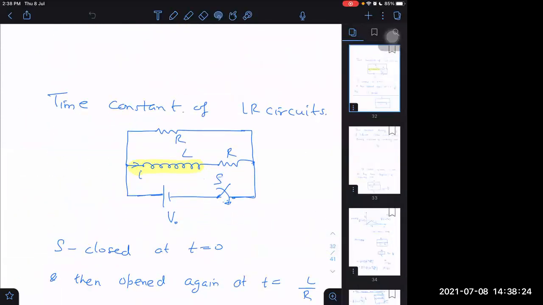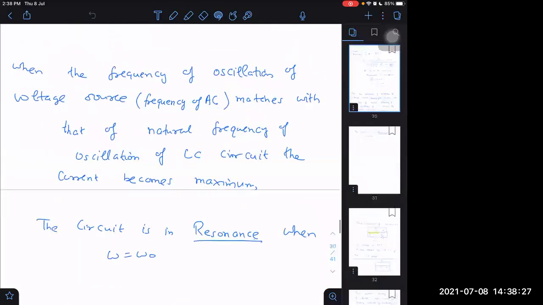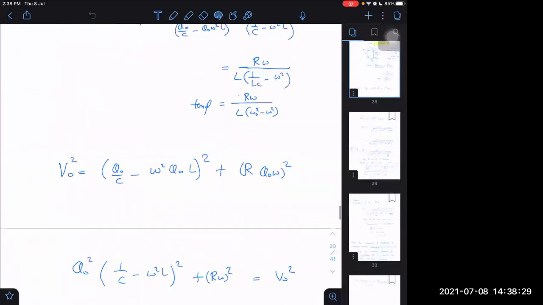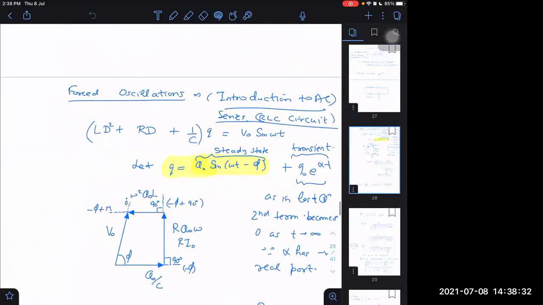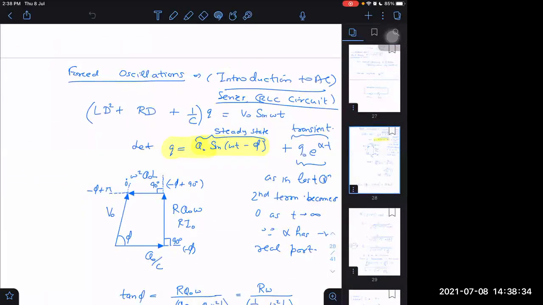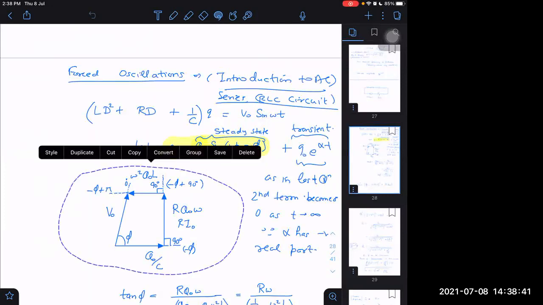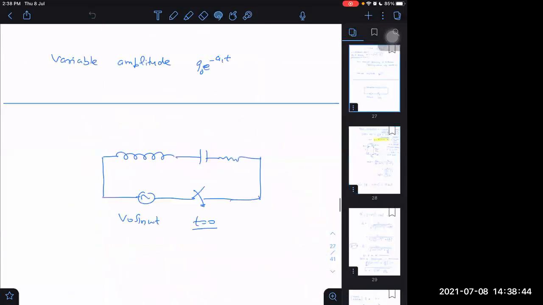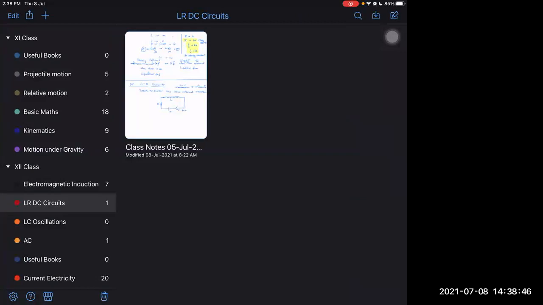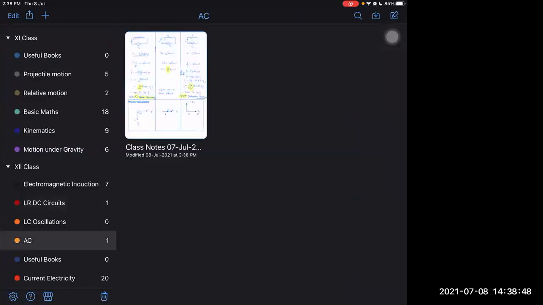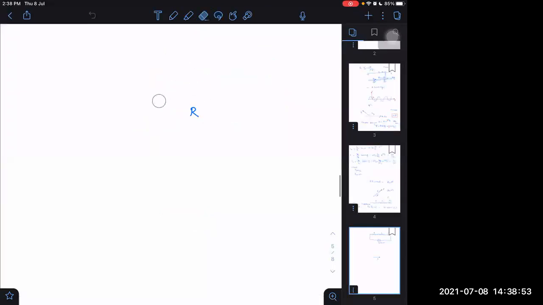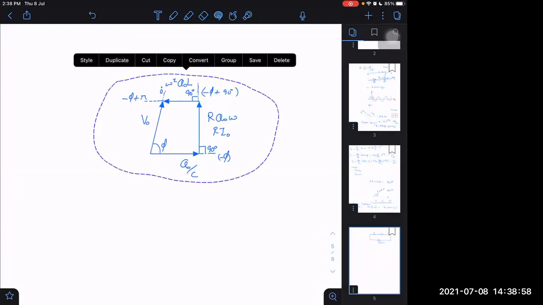This one, not this one. Before that only. This one was the equation, right? Q naught by C, then R I naught, and then okay. I am carrying this diagram completely copied from here, taken to AC. This is what we were getting, right?